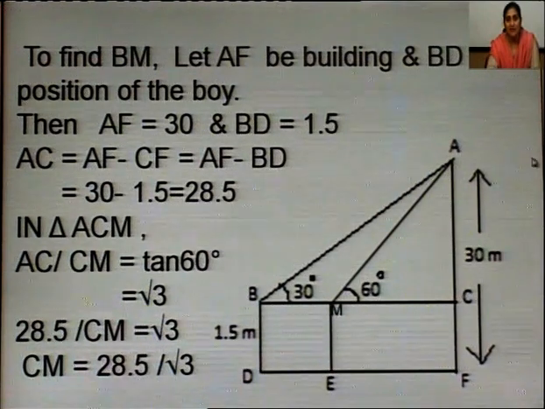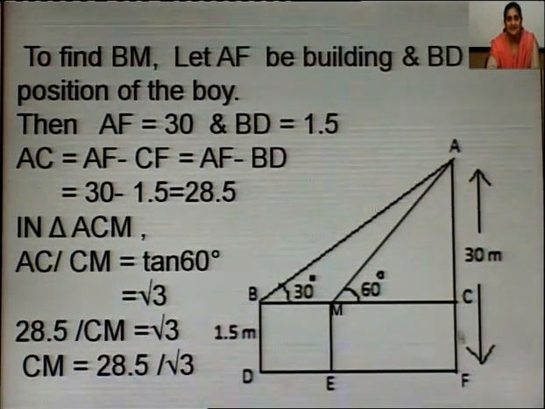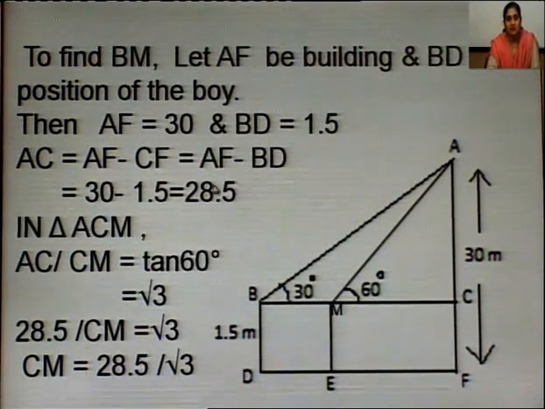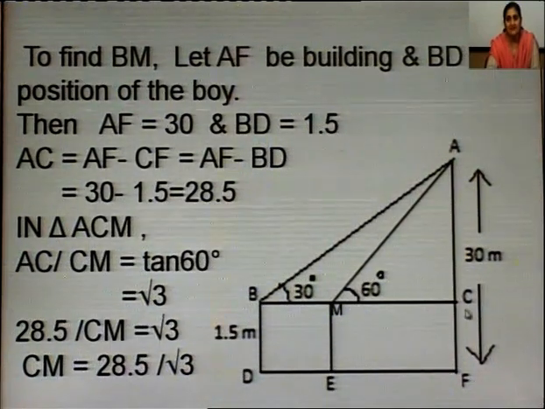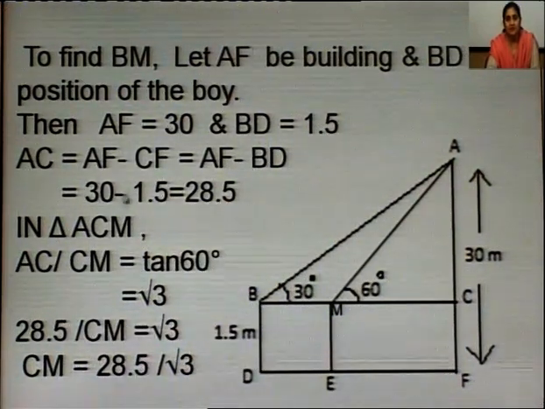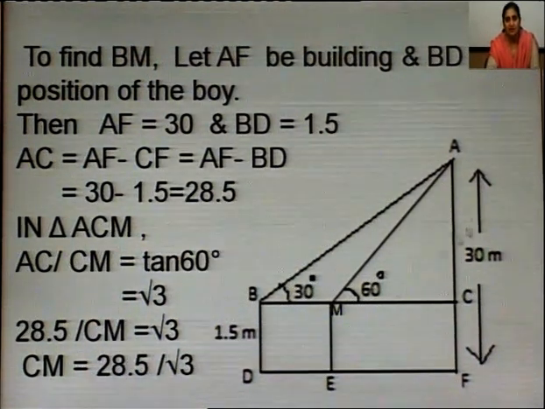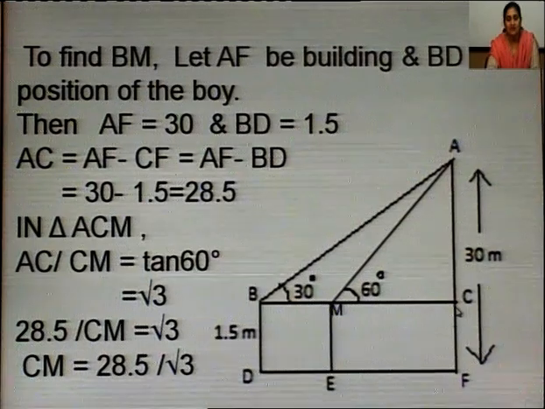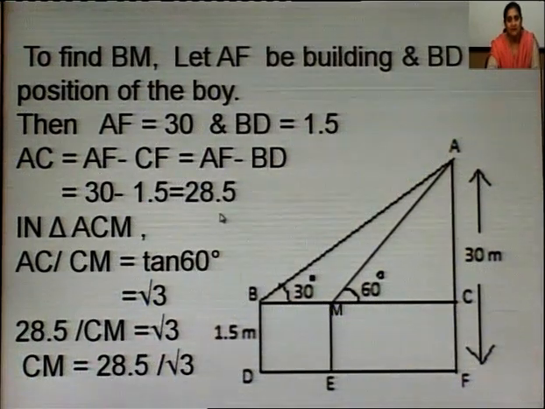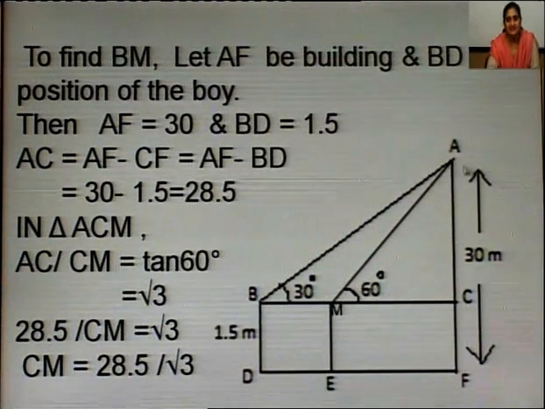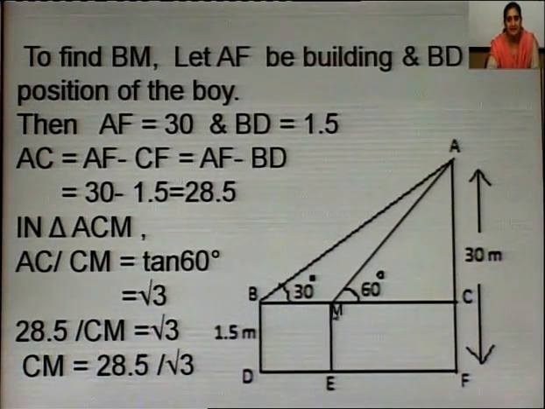AC is equal to AF minus CF, and CF is BD. So 30 minus 1.5 gives AC. So AC is 28.5.